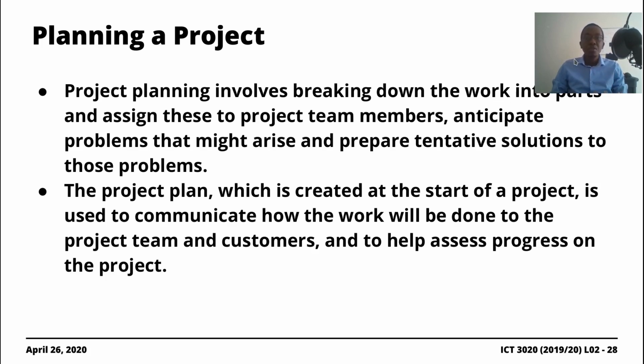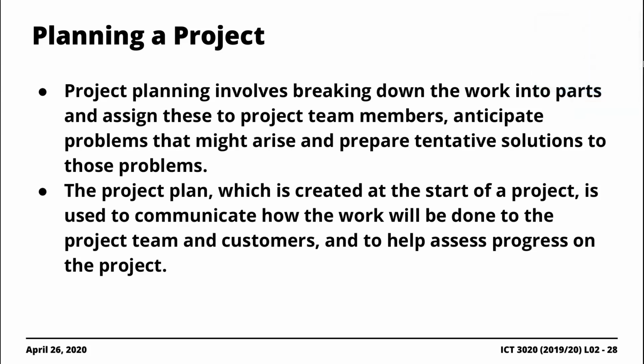So the other thing that you definitely end up doing during project planning is to anticipate potential problems that could manifest themselves during the course of the project. So anything that you think could hinder the overall success of the project needs to be noted down. But not just noting down potential problems, you want to come up with strategies or workarounds that you could use to solve those problems as they occur, right?